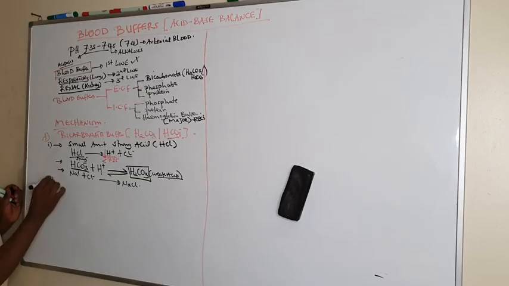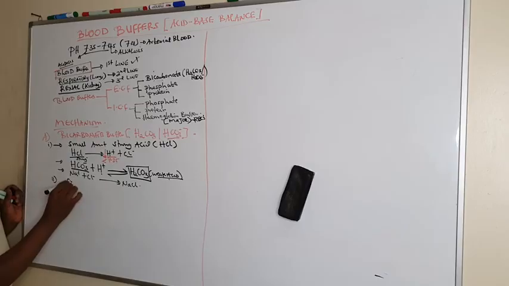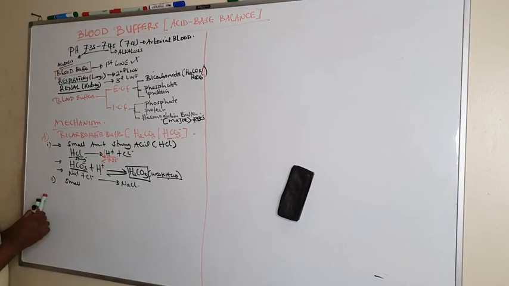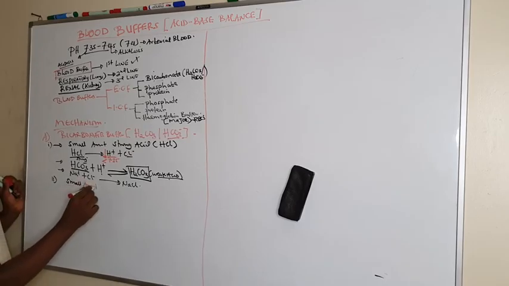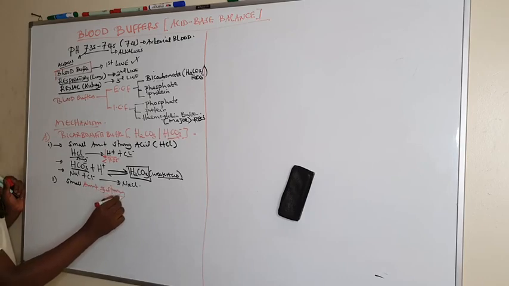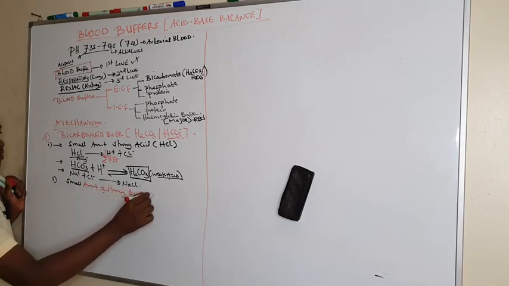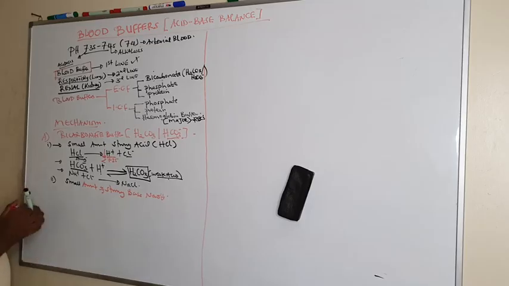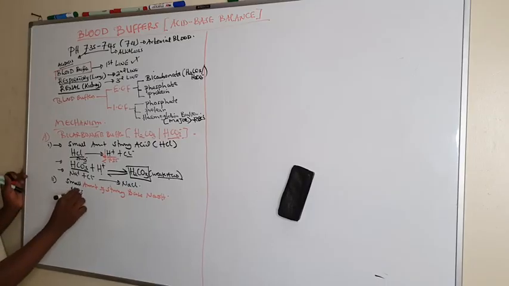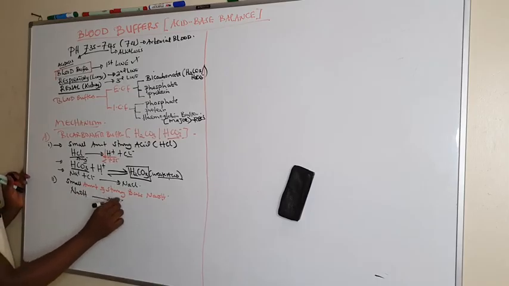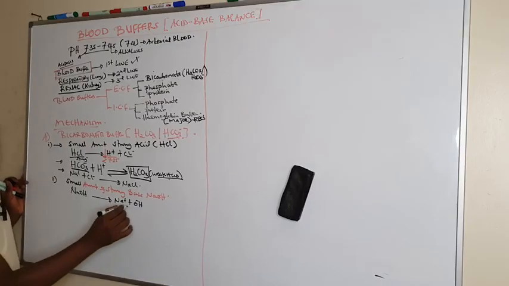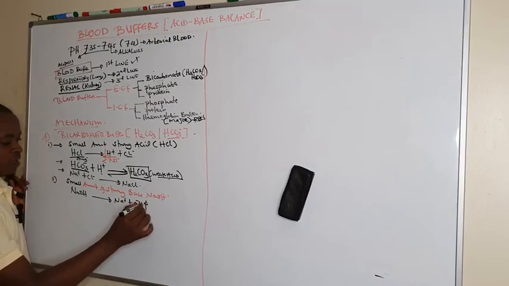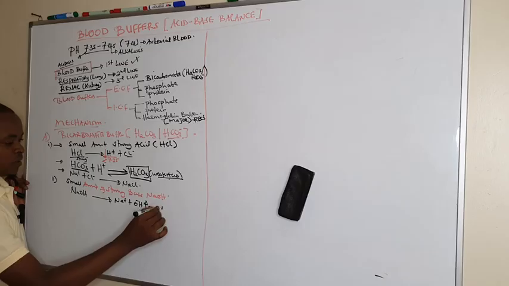Then another thing is, if we add a small amount of a strong base, such as sodium hydroxide, this sodium hydroxide, being a strong base, dissociates completely to give sodium ions and hydroxyl ions, and these hydroxyl ions are the ones that have the ability to increase the pH.